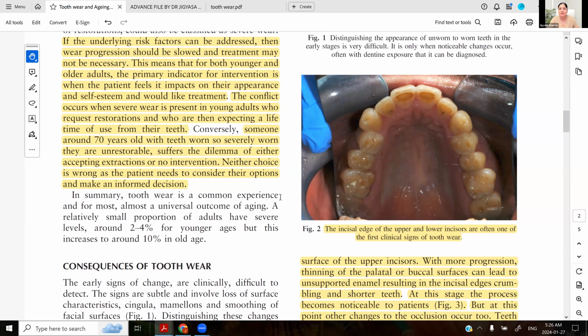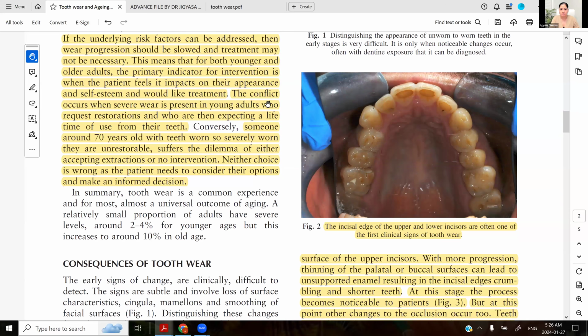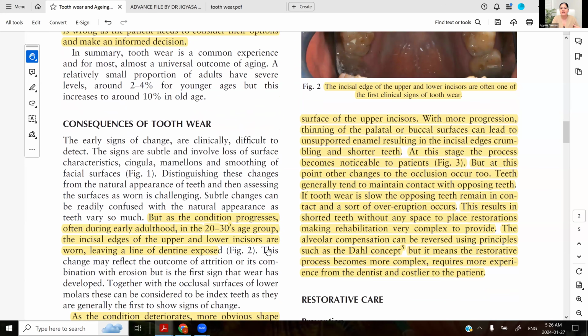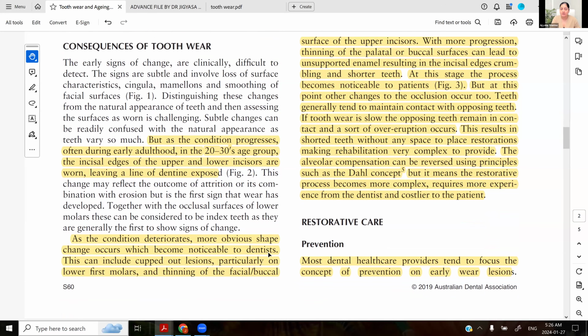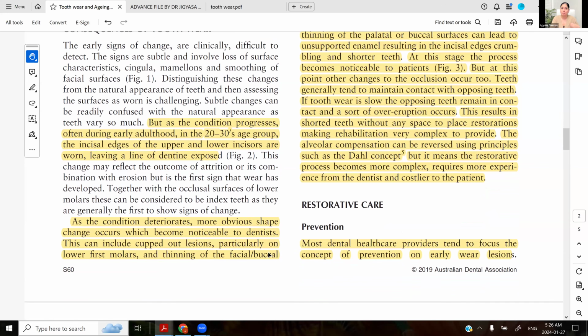In a mouth where the natural teeth did not survive a young age, expecting a composite or a crown to survive would be difficult. So you have to explain to your patients that where the damage has happened, we need to prevent it, we need to control it, minimize it. That's half the battle. And then the restorative part has its own challenges and would require some acceptance from the patient that it may not last lifelong.